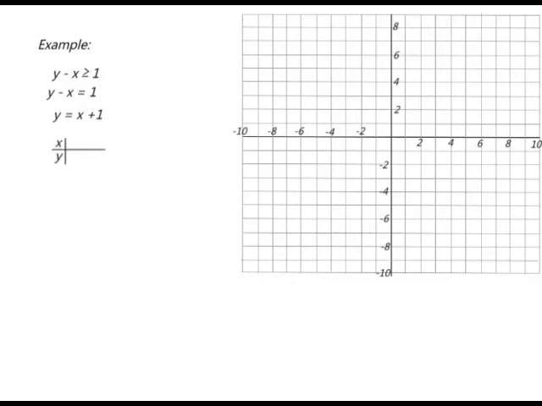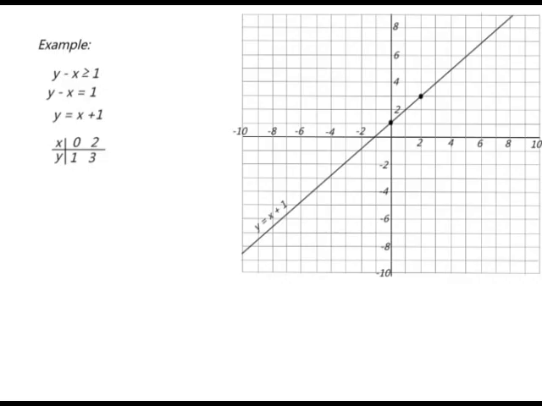Choose 2 values of x and calculate the corresponding values of y, which is 0 and 2. When x is 0, y will be 1. When x is 2, y will be 3. These are the points, and the line again will be continuous. So we draw the line.